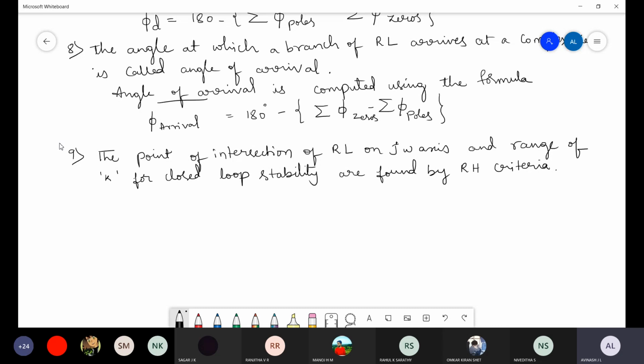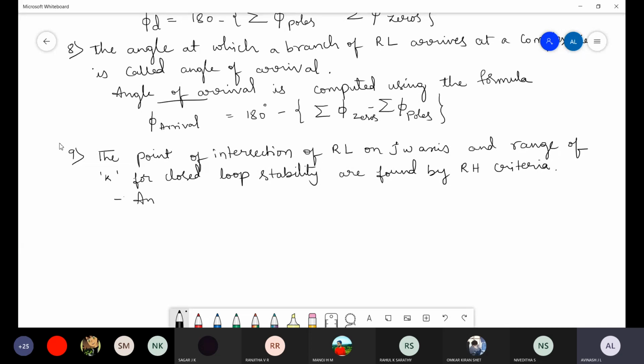If we don't want to solve it using RH criteria, there is an alternative method also. So what is that particular alternative method? We will be following the alternative method only. Please make a note of this one, all of you.